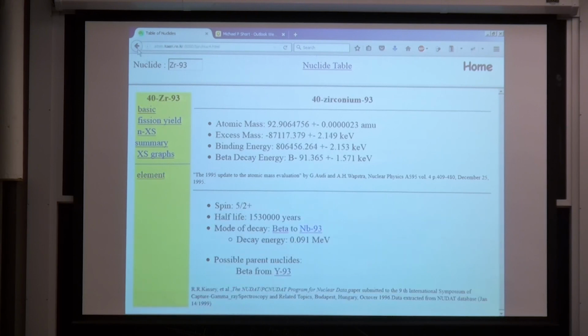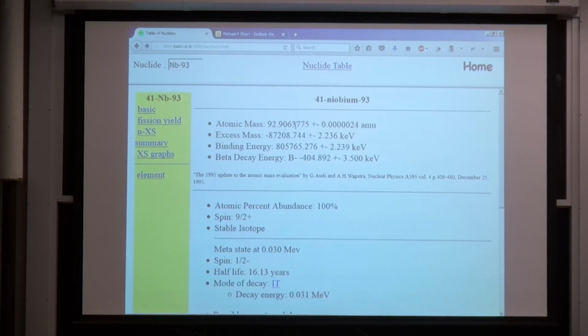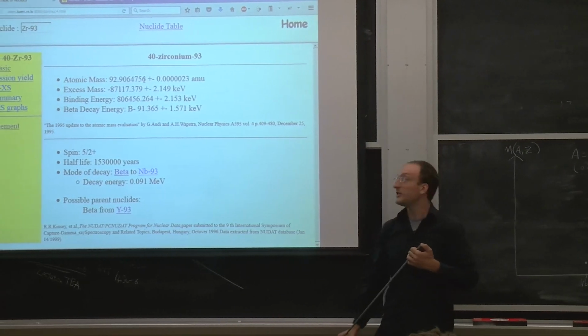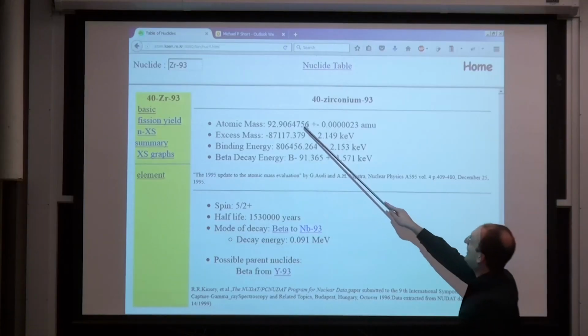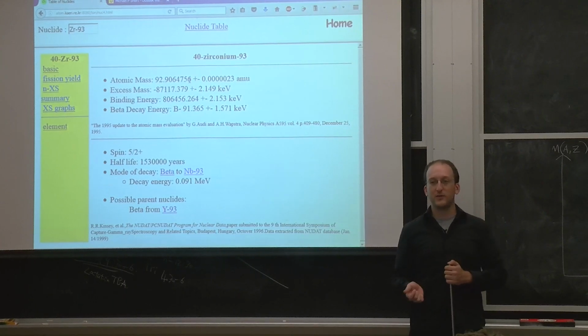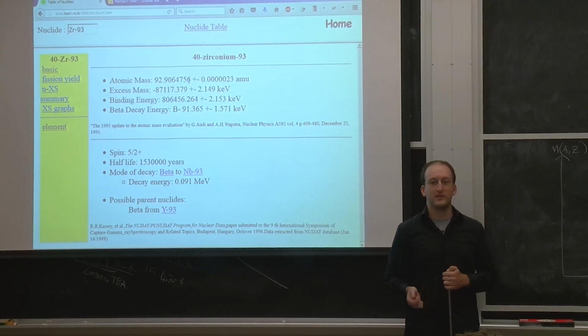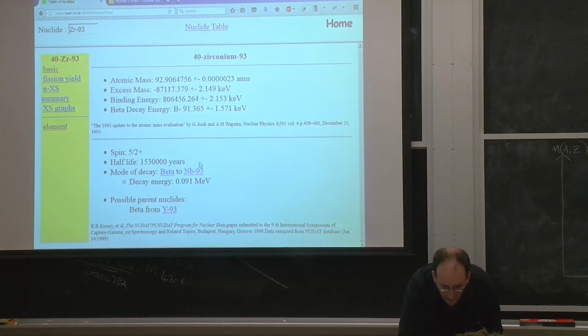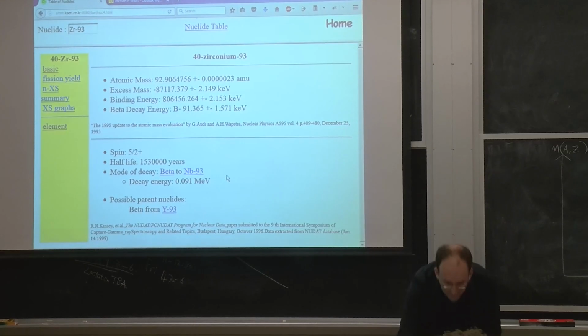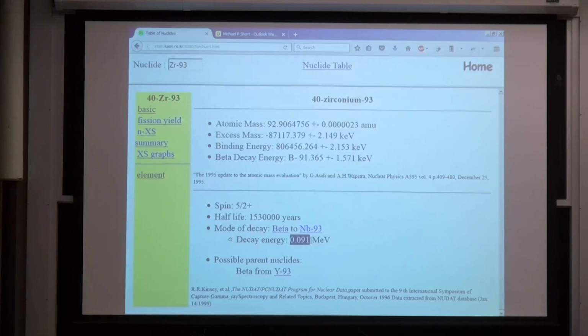You have to go to even more digits, 92.906375, 92.906475. So we go down in Z, and we've actually gone up in mass by, looks like, the 6th or 7th digit in AMU. If we go up in mass, we go down in binding energy. That tells us that there's something that's less stable. And if you notice, we went up by a very small amount of mass. Notice also that its beta decay energy is really, really small, 91 kiloelectron volts.